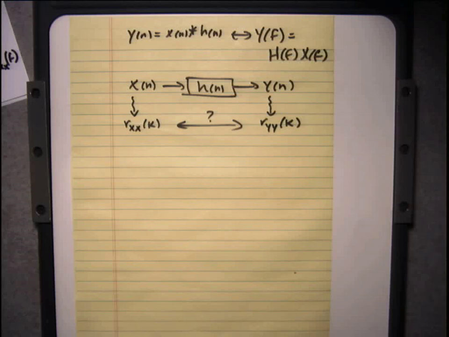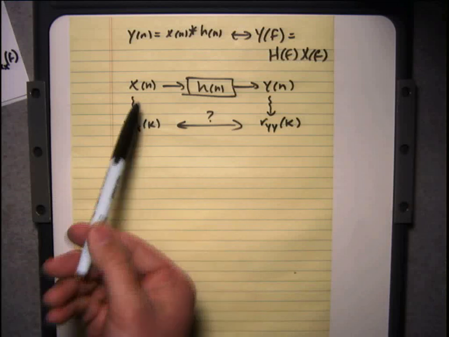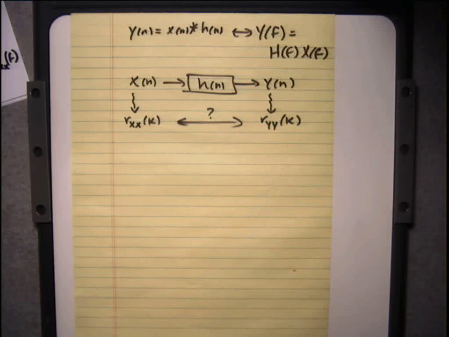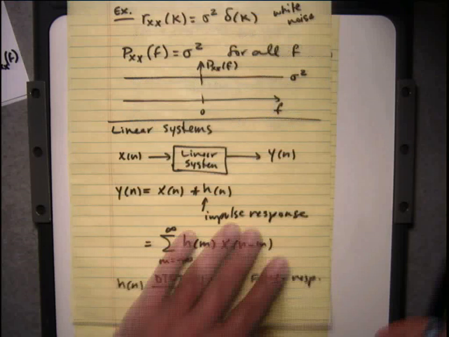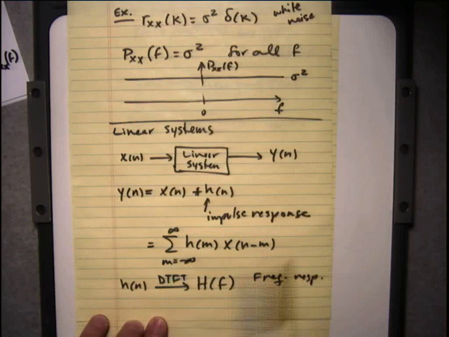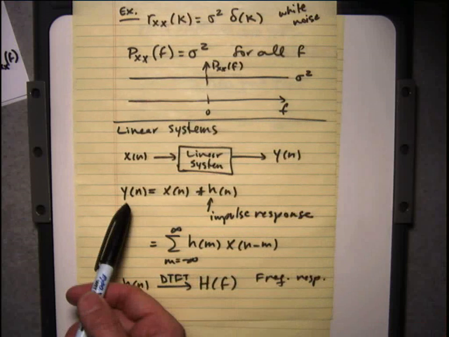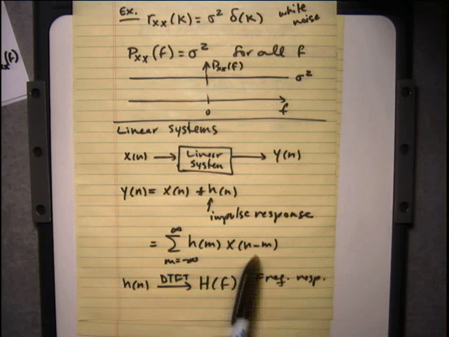Let me give you an example. Suppose that I take this x of n to be white noise. So the elements of x are completely uncorrelated with each other. Just a bunch of random numbers, uncorrelated. I feed them into this linear system. What does the linear system do? The linear system performs a convolution. So the output of the linear system at any given point in time is a linear combination of the inputs, right?